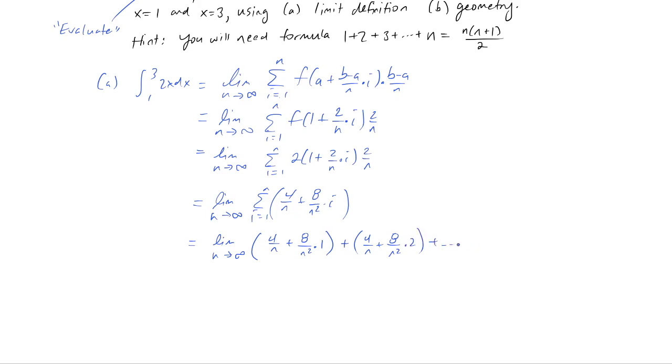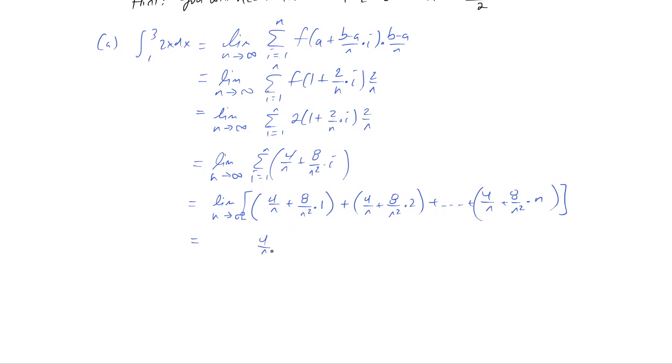And then this just keeps going to 4 over n plus 8 over n squared times n. And now we're going to collect all the 4 over n's, so we'll have n of these 4 over n's, put them all together, and then we'll collect the 8 over n squareds times 1, 2, all the way up to n.